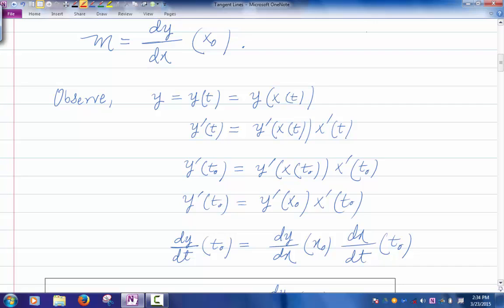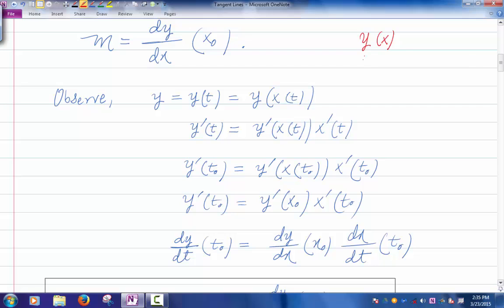Now, note that we are thinking of y as a function of x. We don't know the formula for y in terms of x, but for a second, imagine that there is a formula for y of x, right? If I have a formula for y of x, note that there is a formula for x in terms of t that's given in the problem.